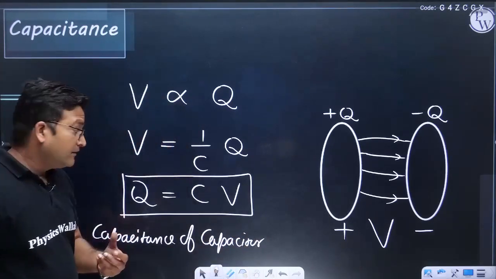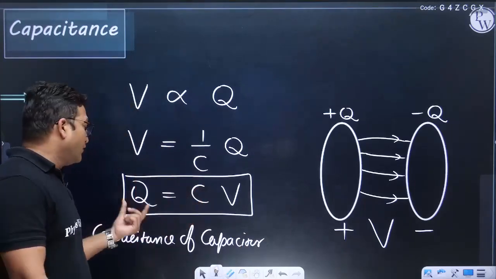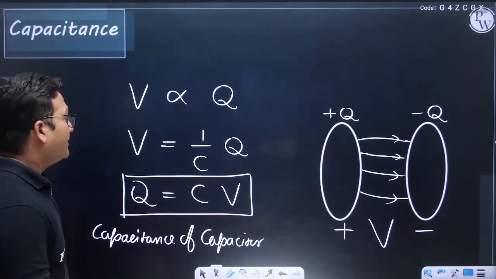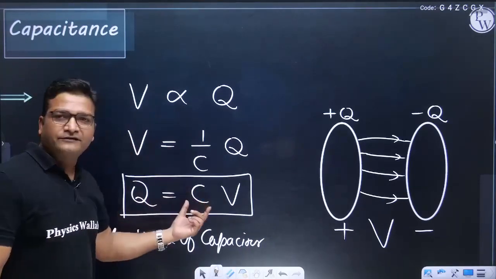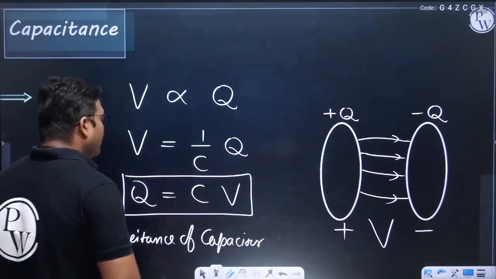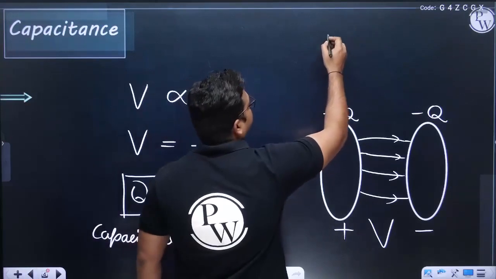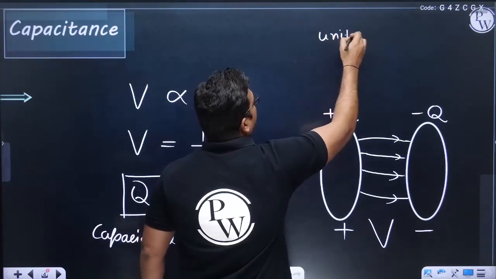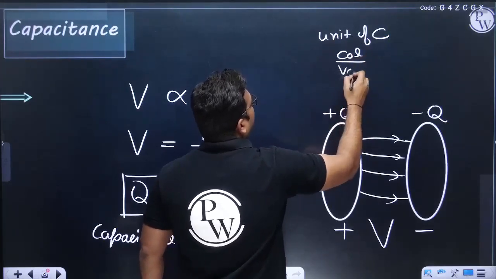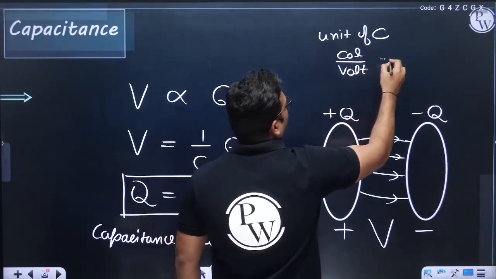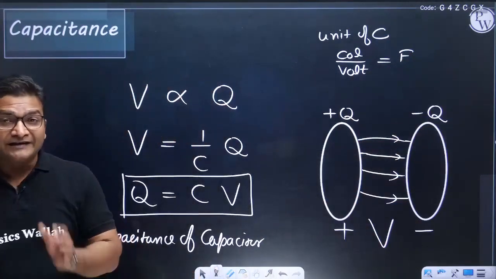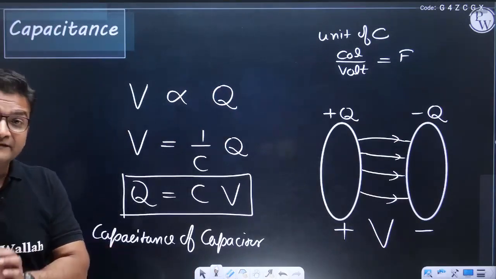As you can see, the unit for capacitance is coulomb per volt. But we measure this capacitance by a unit called farad in the SI system. So actually, the unit of C is coulomb per volt, and this is also called farad, simply F. So the SI unit of capacitance is farad.